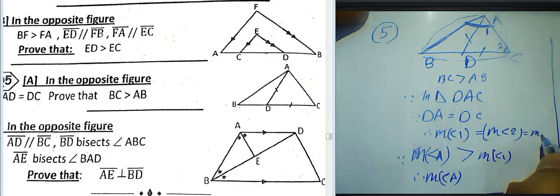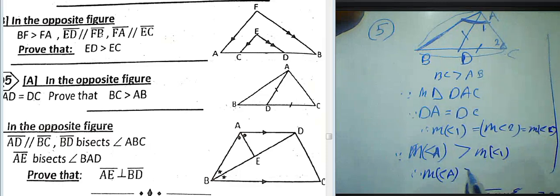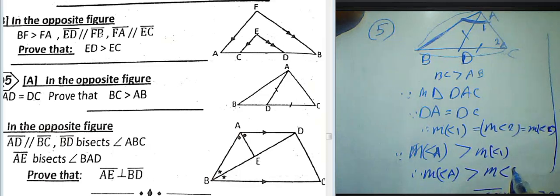Measure of angle 2 equals measure of angle C, then measure of angle A will be greater than measure of angle C.